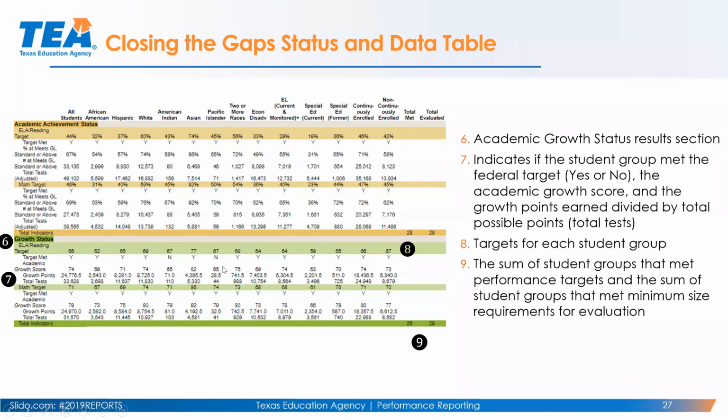I see that that comes from my score of 65. My numerator was 28.5. From my denominator, total tests 44. Numerator over denominator gets me 65 for Pacific Islander. The target is 67. Did they meet the target at 67? Not with a 65 result for Pacific Islander, which is why that is a no. So of my 28 total student groups that were evaluated, only 26 met the federal target.